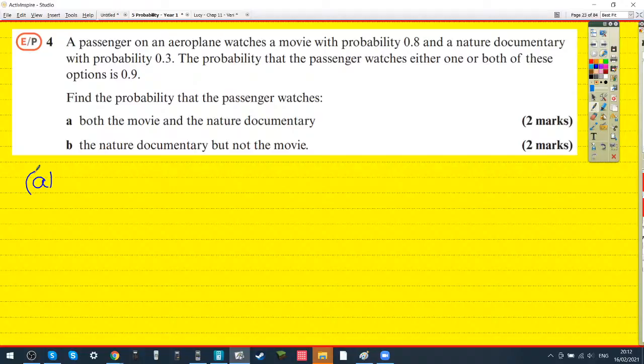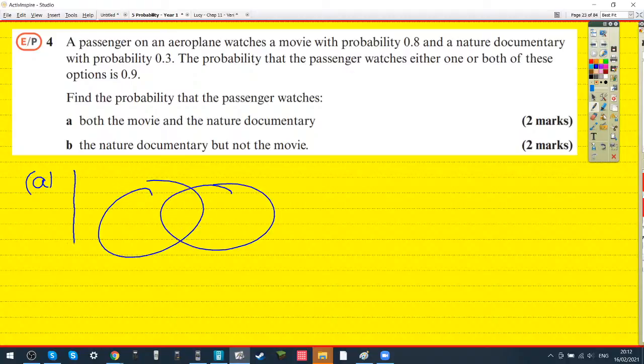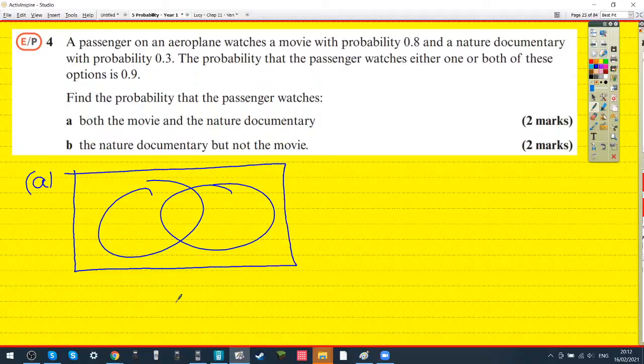So does he need to do something with adding up to 1? Here's my guess. Venn diagram, because we were just doing it. Hopefully this works out. So let's see. Nature documentary. And what was the other one? Movie. So I'm going to say M and N.